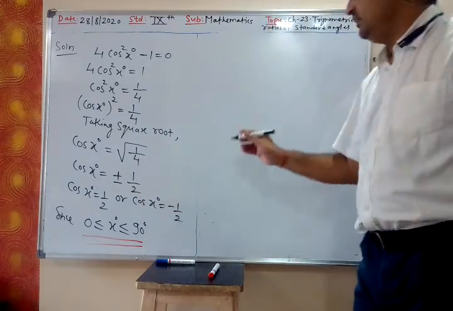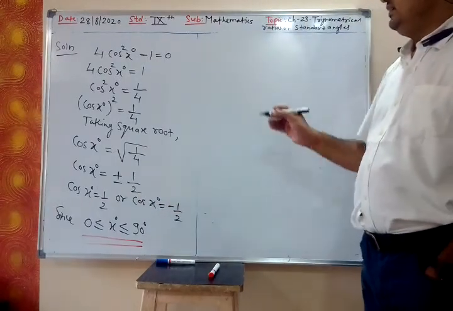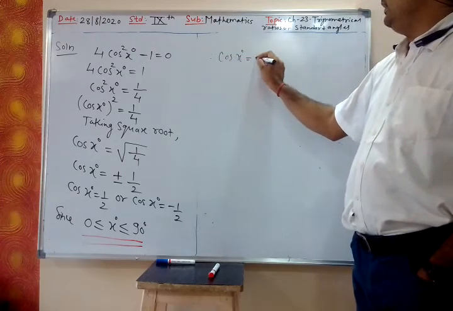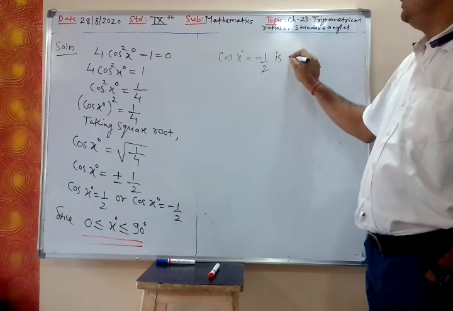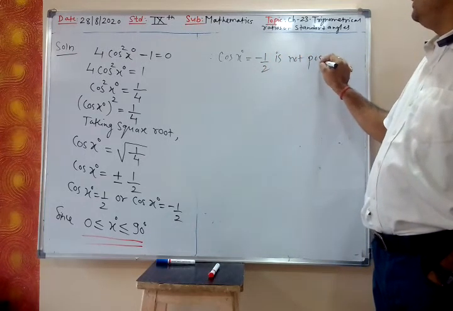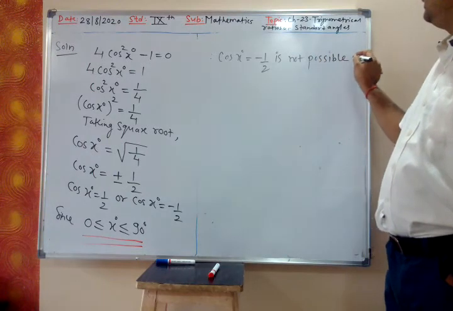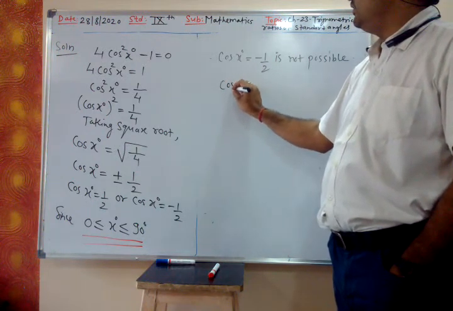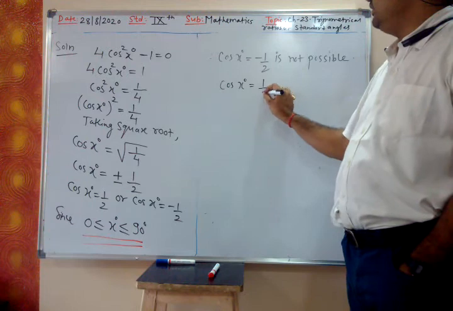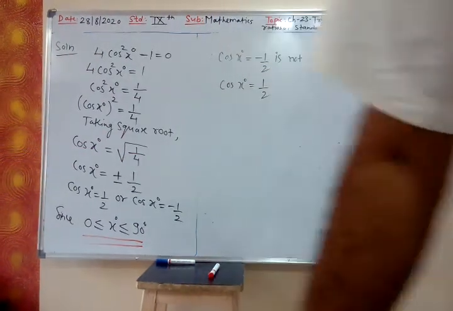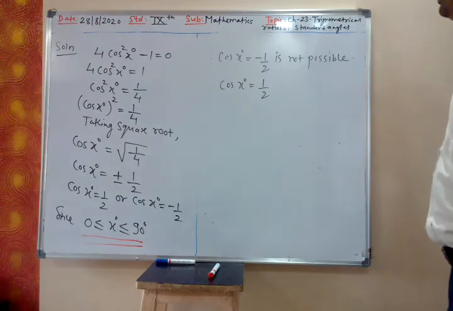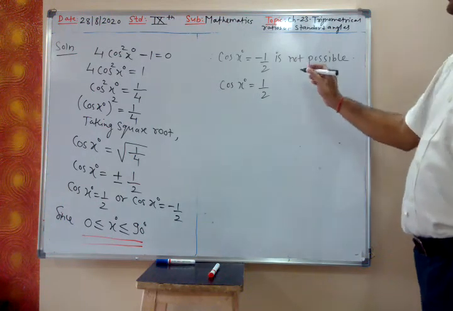But this condition is given, 0 less than x degree less than 90 degree, and therefore cos x degree equal to minus half is not possible. So cos x degree is equal to half.